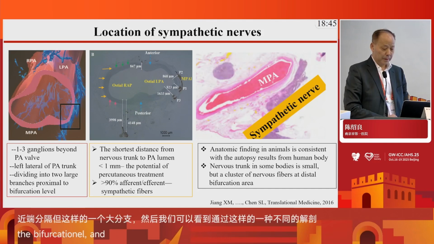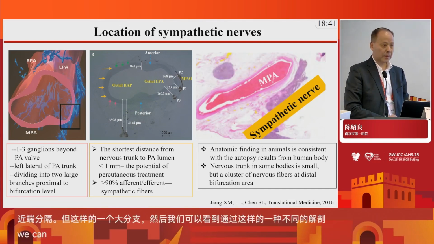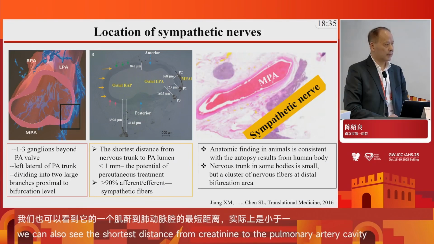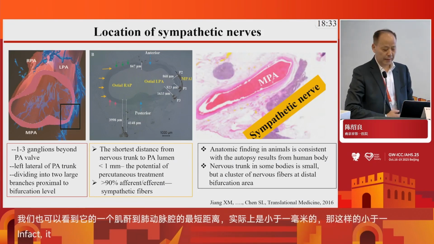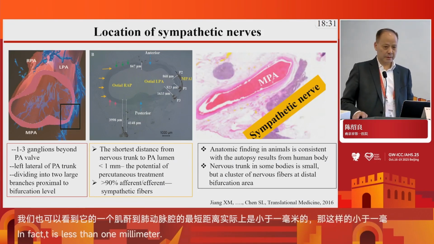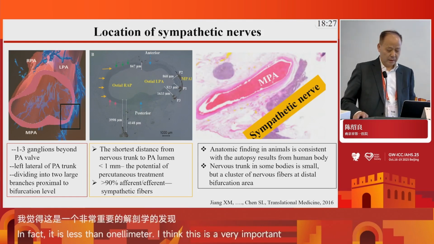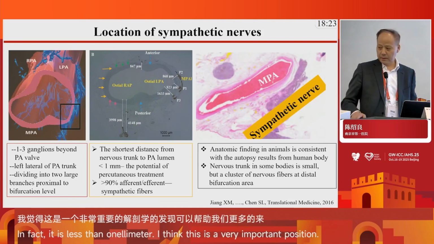In the middle panel, you can see the shortest distance from the nerve trunk to the intima of the pulmonary artery is shorter than 1 millimeter. I think this is a very important anatomical finding to encourage us to innovate the percutaneous device to treat pulmonary hypertension.